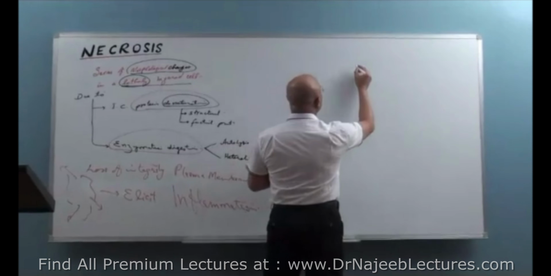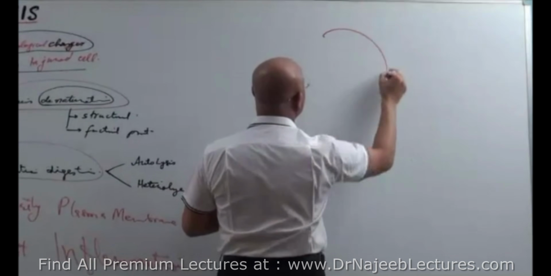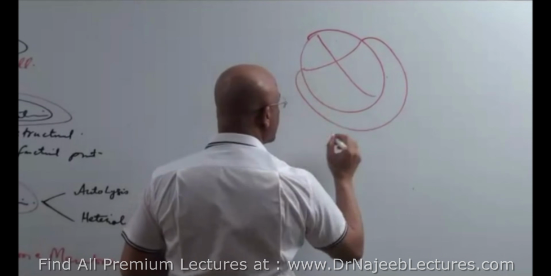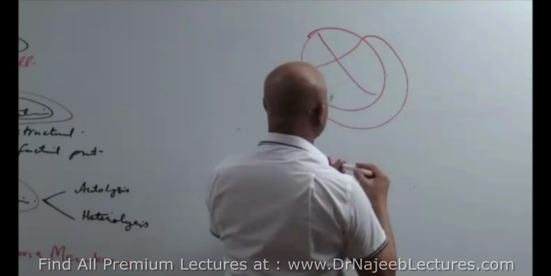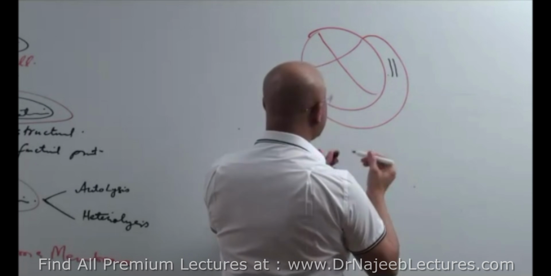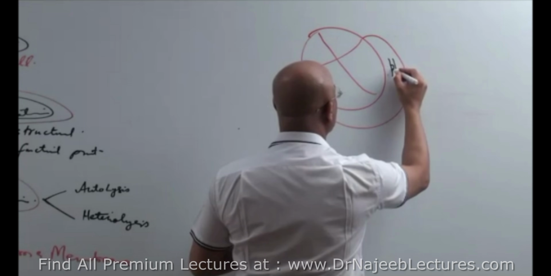Let's suppose here is your heart. I'm making a very simple diagram. And here is a blood vessel which is supplying this part of the heart, and this blood vessel is closed.